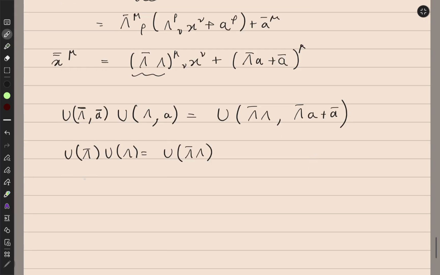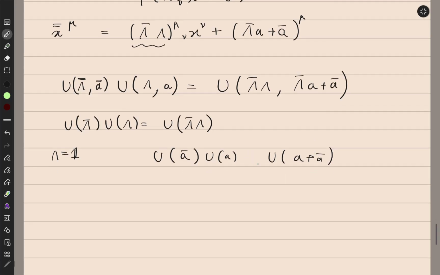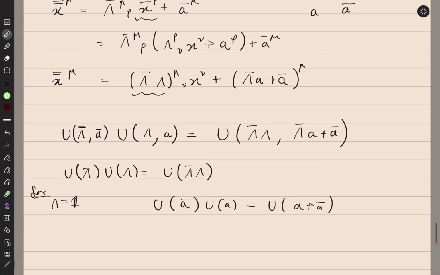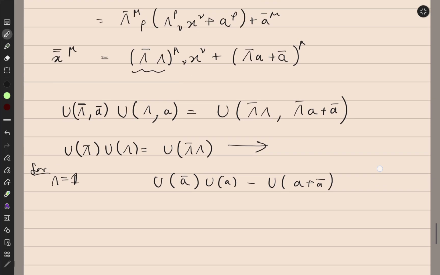And similarly, if this lambda is set to identity, that is, we are not touching boosts or rotations at all, we are just doing space-time translations, then the structure again simplifies to be of abelian form. U of, since this is identity now, we have a plus a bar. So now this has an abelian structure. This is pure space-time translations, and the other is for a homogeneous subgroup of the Lorentz transformation.